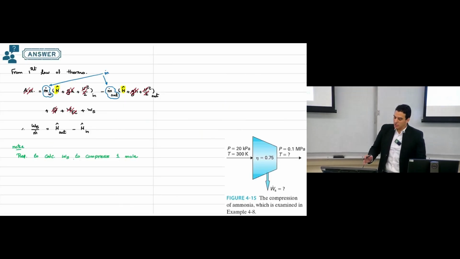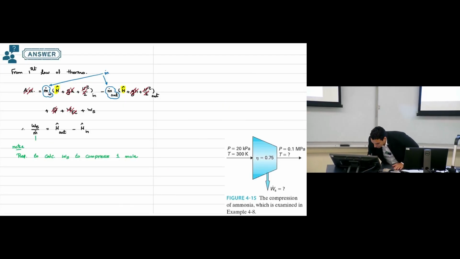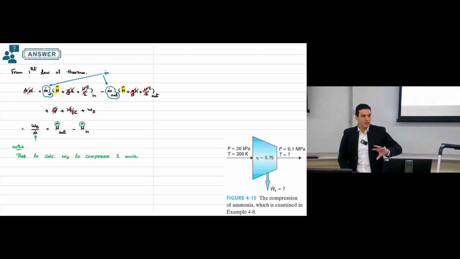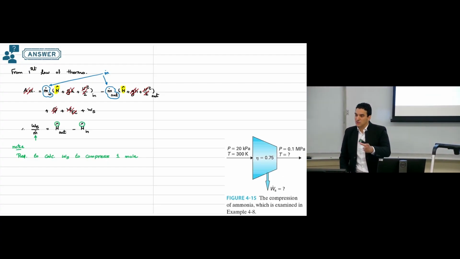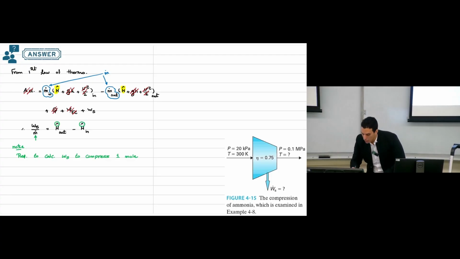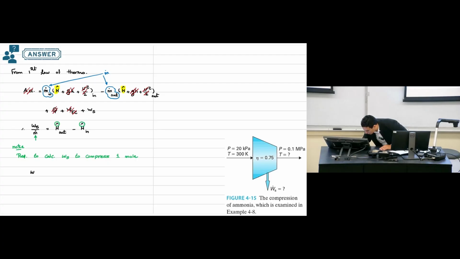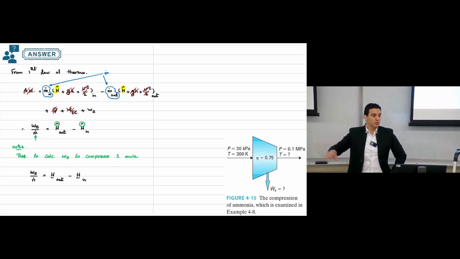So this is the amount of work per unit mass. Here we have the specific enthalpy of the outlet, specific enthalpy of the inlet. Instead of using the specific properties, convert everything to mole basis. So we can have the same equation: shaft work divided by moles equals molar enthalpy of the outlet minus molar enthalpy of the inlet, just to be consistent with the requirement we have here.